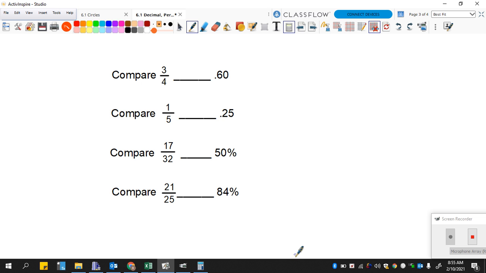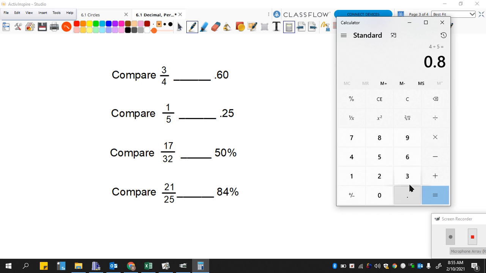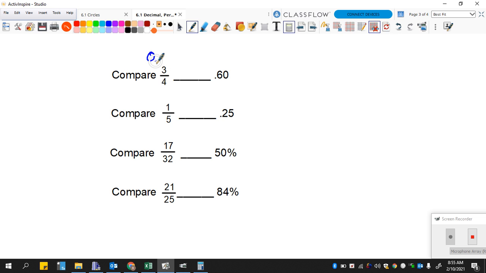So 3/4 is 3 divided by 4, which is 0.75. So we're comparing 0.75 and 0.6, and obviously 0.75 is larger than 0.6.